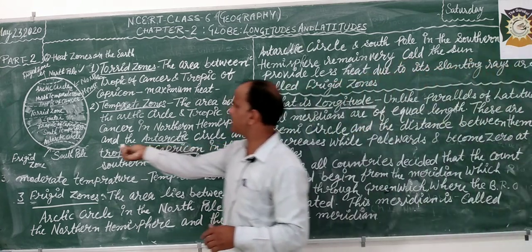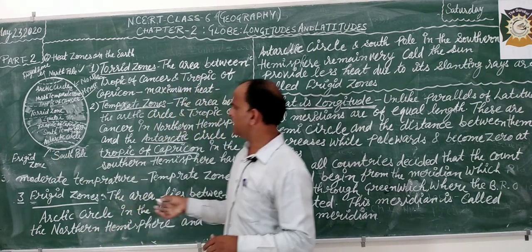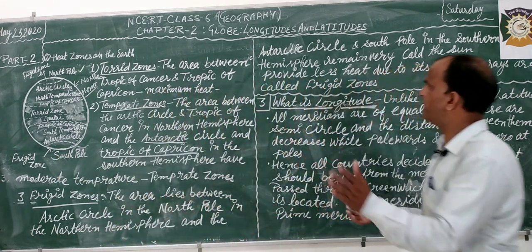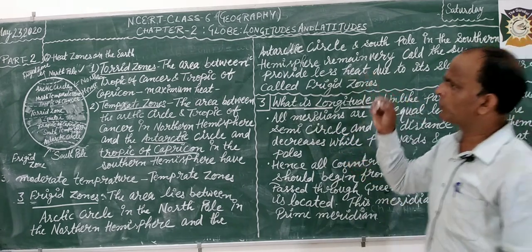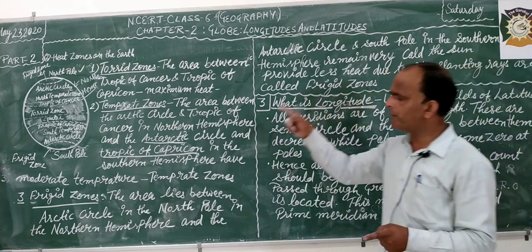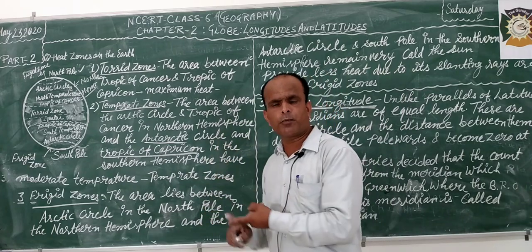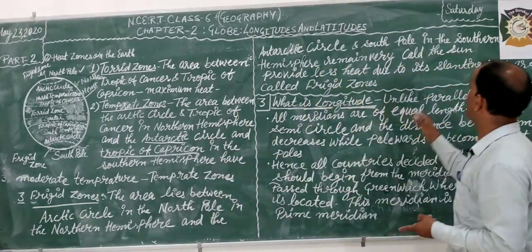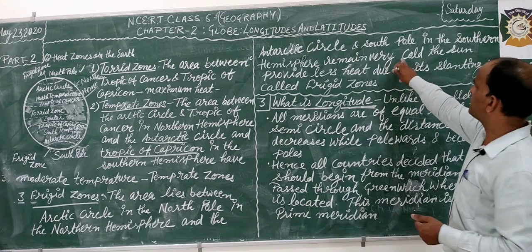The area between the Arctic Circle and North Pole, and between the Antarctic Circle and South Pole, remains very cold.